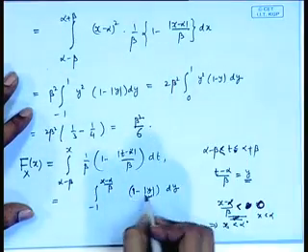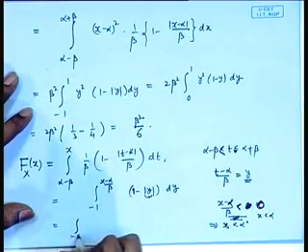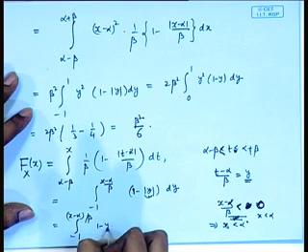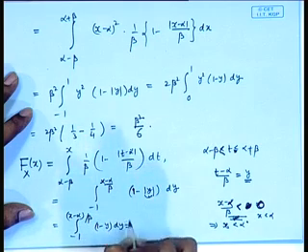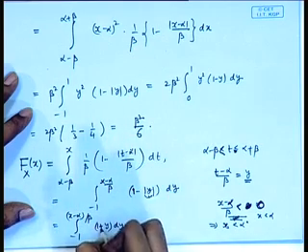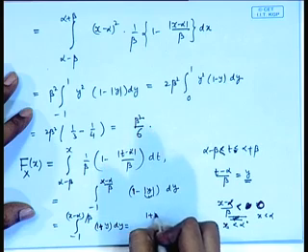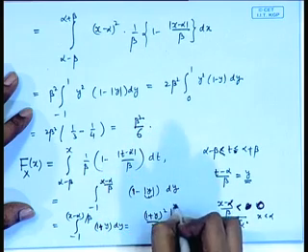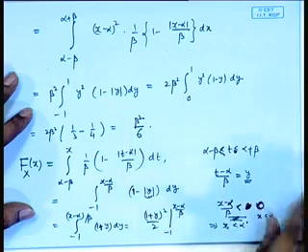If that is so, then this is equal to the integral from minus 1 to (x minus alpha)/beta of (1 plus y) dy, which is simply equal to [y plus y square by 2] from minus 1 to (x minus alpha)/beta.